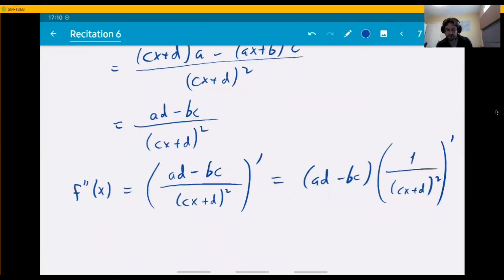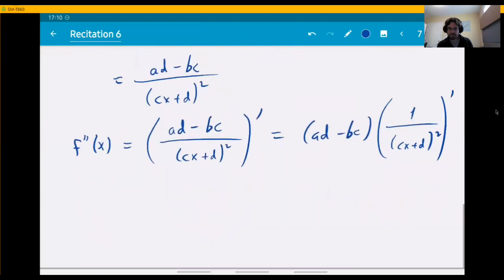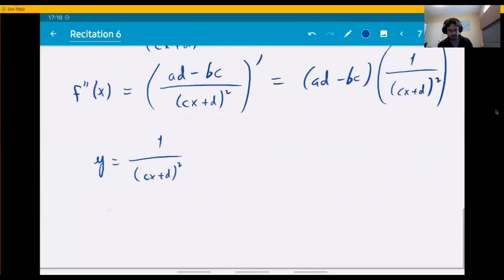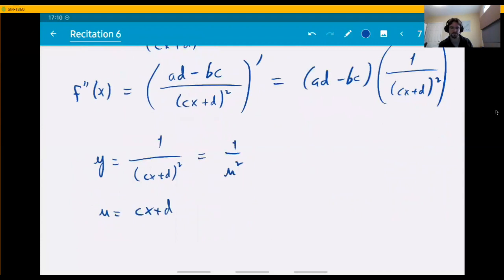To do this derivative, I'm going to use the chain rule. Let's call that y. Let me call cx plus d the inside, the inner function, so that y is 1 over u squared.